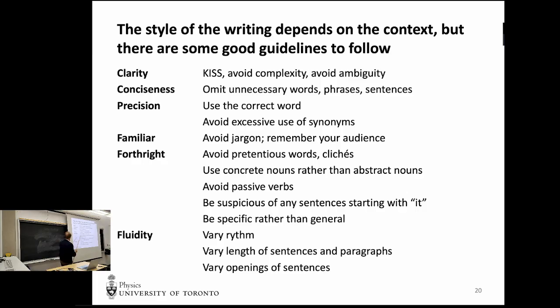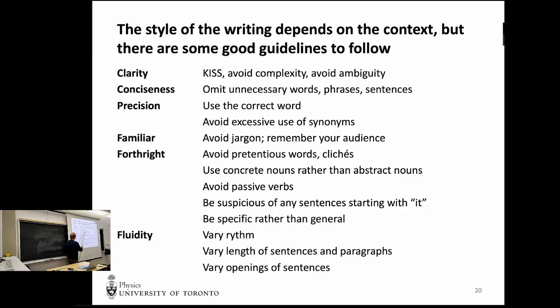Okay, so there are a lot of things that one can go back and look at, these criteria I started with. Clarity: avoid complexity, keep it simple, stupid. Avoid ambiguity. Concision: omit unnecessary words. Precision: use the correct word. Use the incorrect word, or something that's just an approximation to it, that's not helpful.